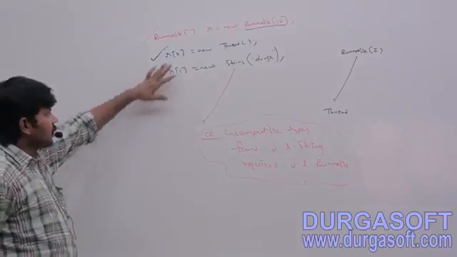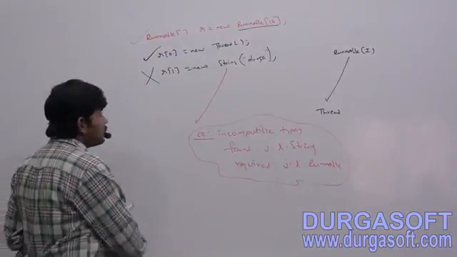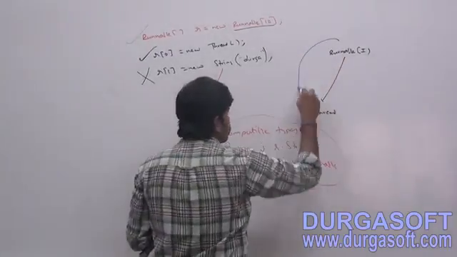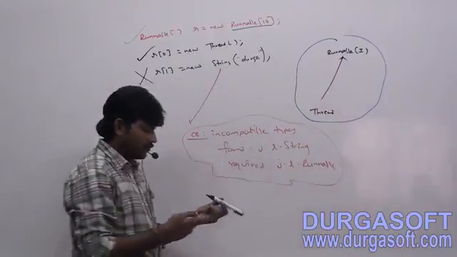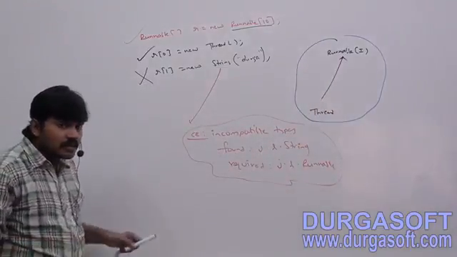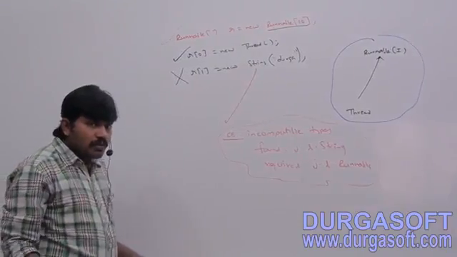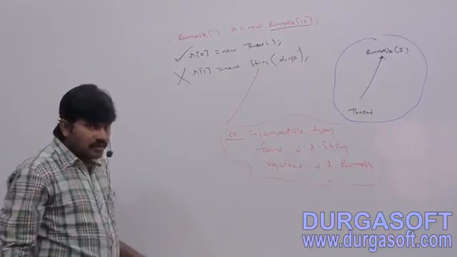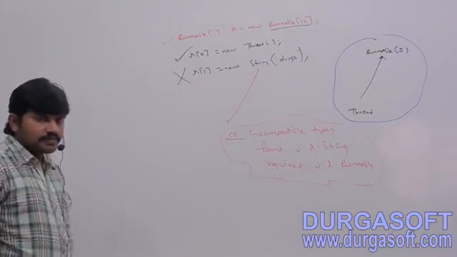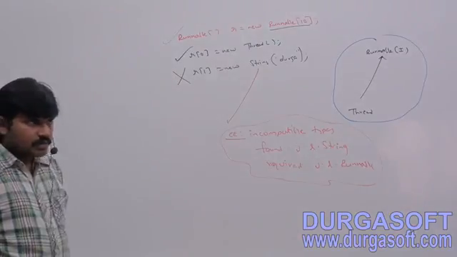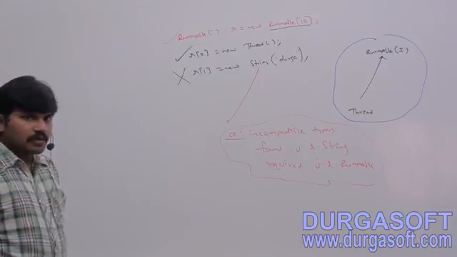Okay, take this example. Compile time error, right? Throwable object. Compile time error. Throwable doesn't implement Runnable, either directly or indirectly, it won't implement.